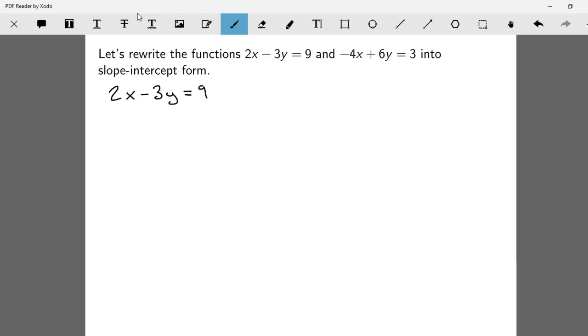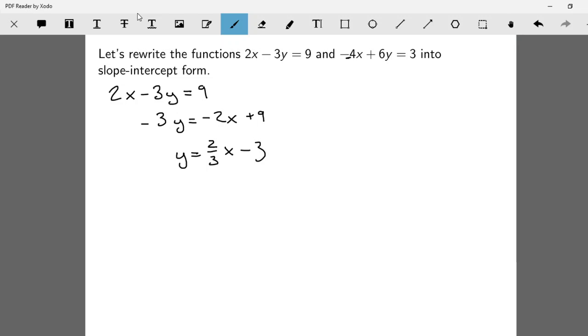I'm going to subtract 2x from both sides, so minus 3y is equal to negative 2x plus 9. Okay, and then I think we have to divide everything by a negative 3. So y will be equal to negative 2 divided by a negative 3, 2/3 x, minus 9 divided by 3, 3.